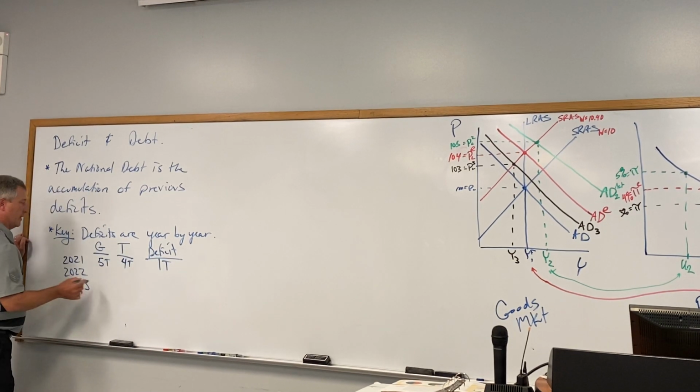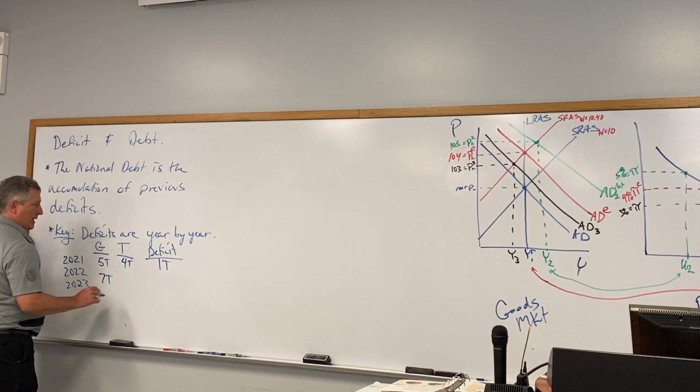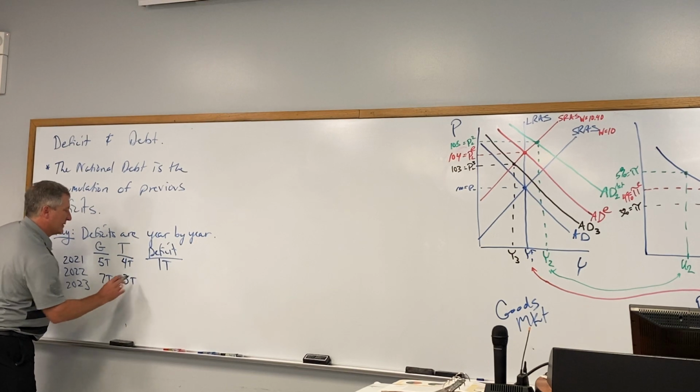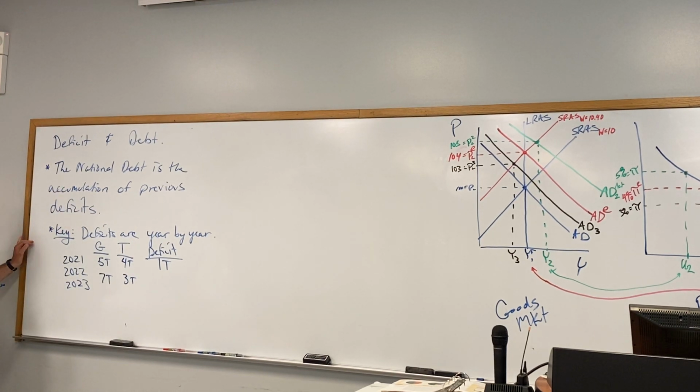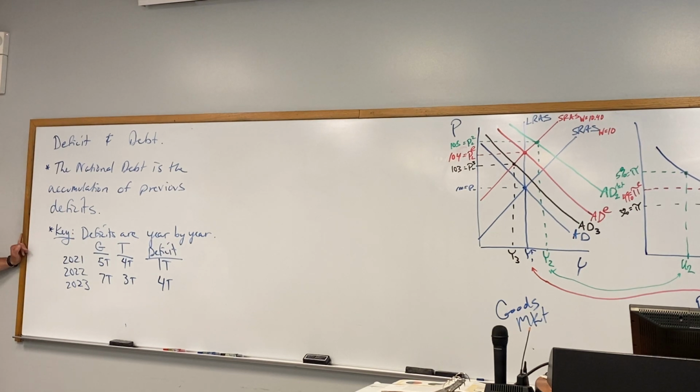In 2022, if we spent 7 trillion and we only had 3 trillion of taxes because they shut the economy down due to COVID, now we have 4 trillion of deficit that year.